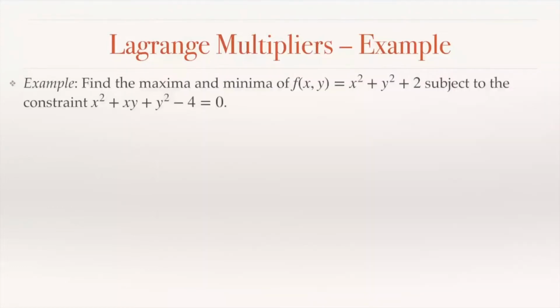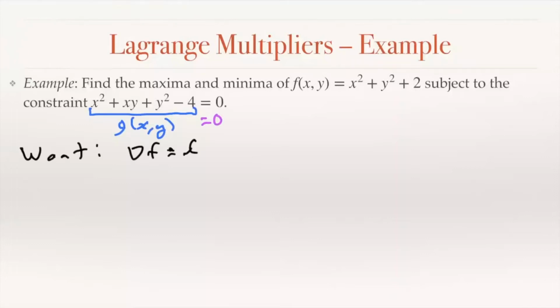Okay, so let's go through how to do this algebraically. So first, we need to identify our f and g. This is our g of x, y. It's already in the form g of x, y equals 0, and we have our f. Okay, so what do we want? We want grad f to be lambda times grad g, and we want to lie on our constraint curve, g of x, y is 0.